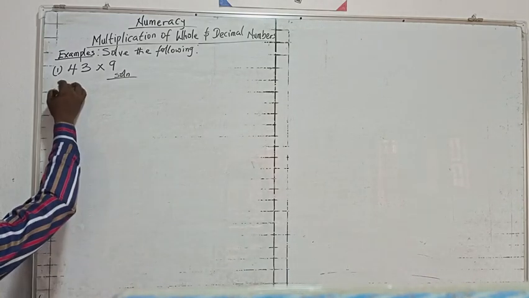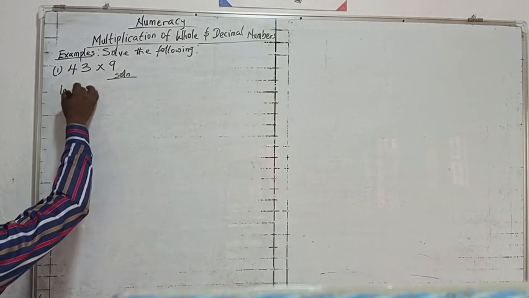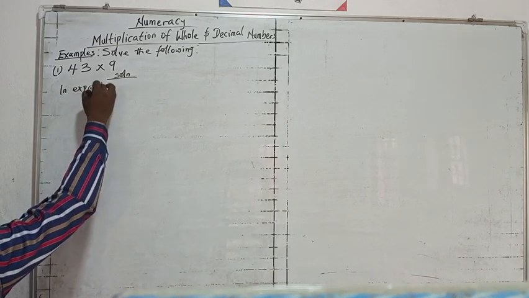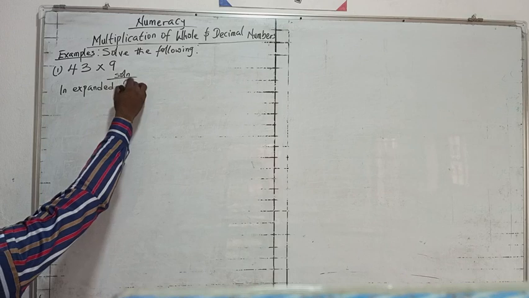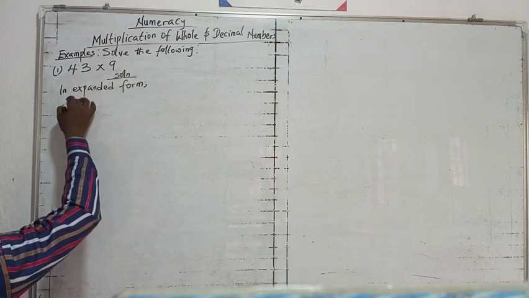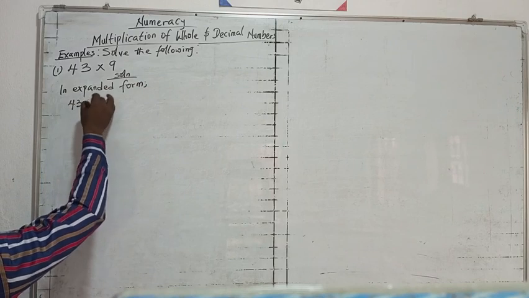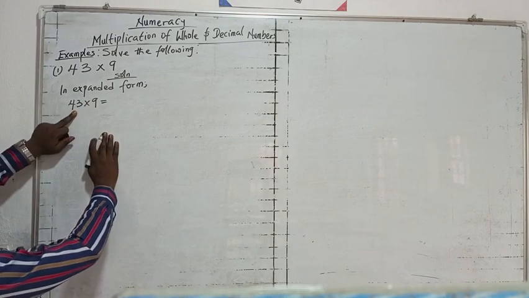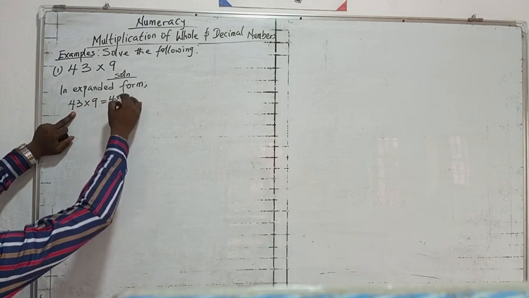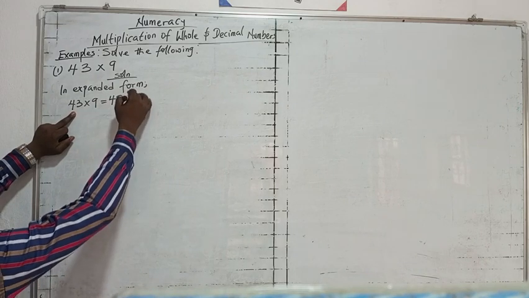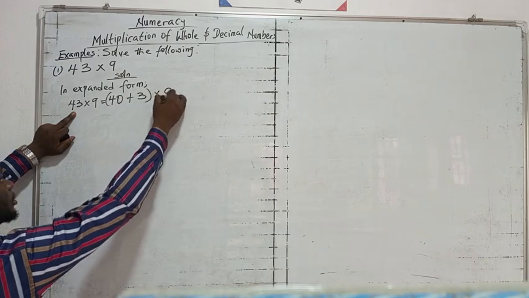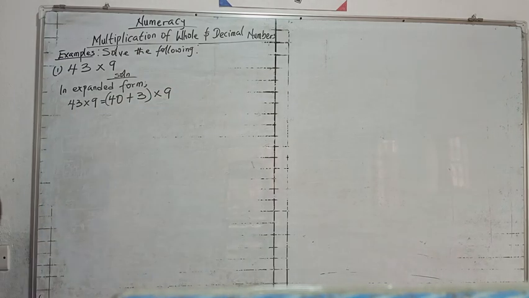So in expanded form, 43 times 9 will become, what is the expanded form of 43? 40 plus 3, times 9. That's the expanded form of 43.